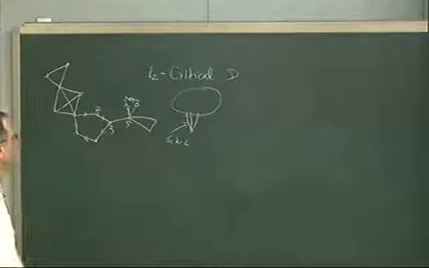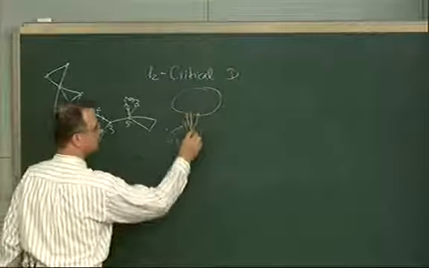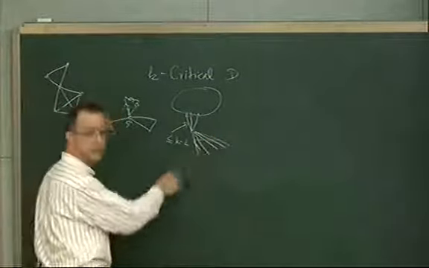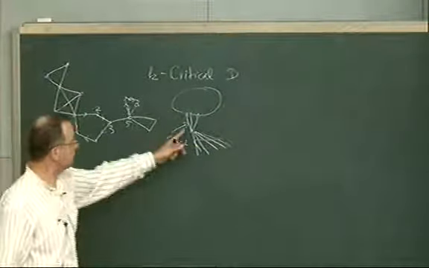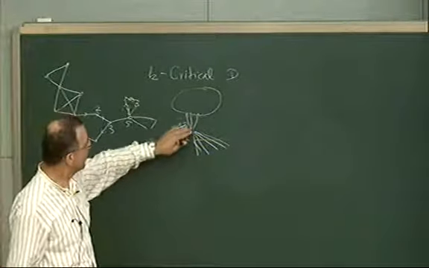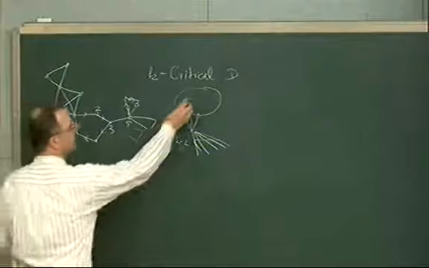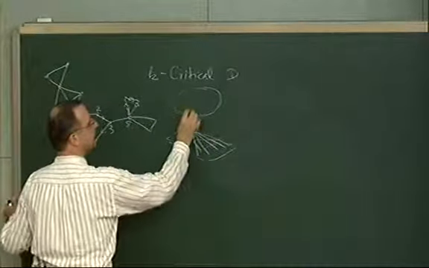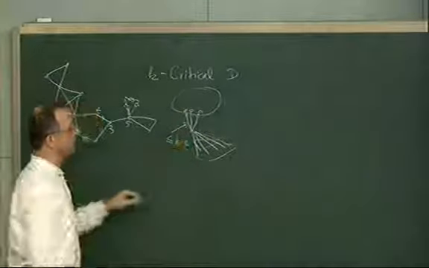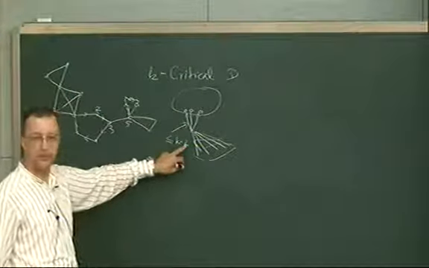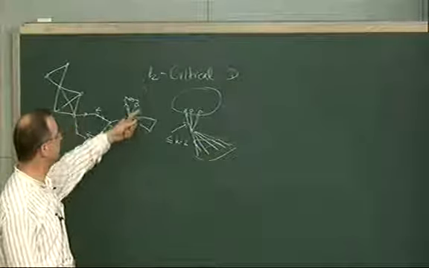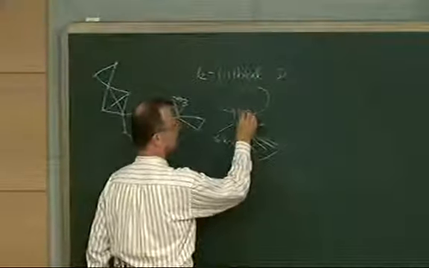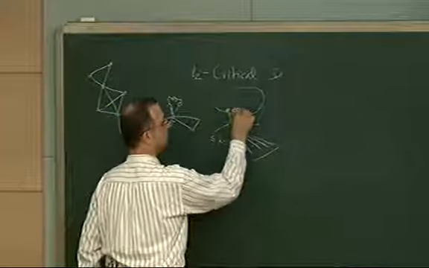Maybe it has many in-neighbors, many edges coming in, but it only has k minus 2 out-neighbors. So I color the rest, including these vertices, and on the out-neighbors at most k minus 2 colors appear. So I color with k minus 1 colors. I would like to get a contradiction. And then I can use a color which doesn't occur on the out-neighbors.